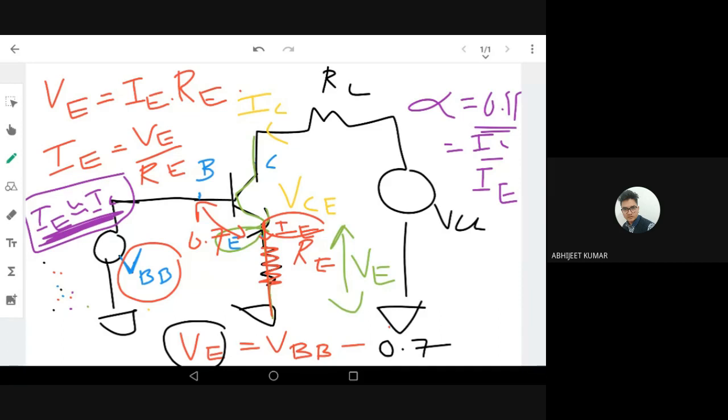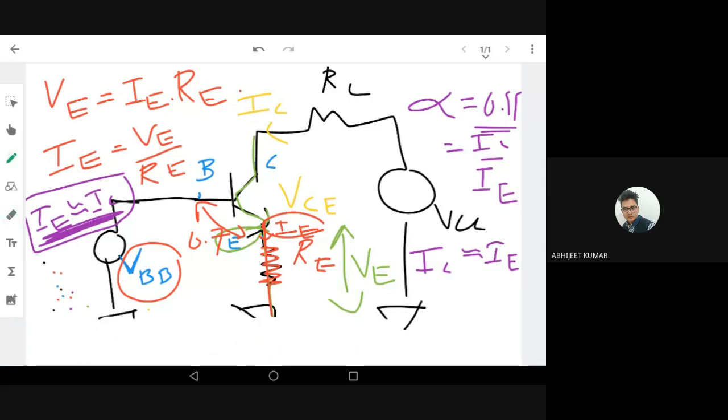From IE, I get IC. Once I have IC, I can use the same equation to get VCE, which is VCC minus IC times RC.